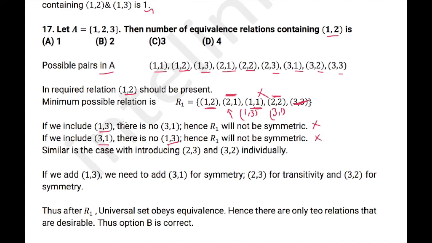Note that at any given point of time you can include only one pair. So first I am introducing (1, 3) and it fails the symmetric check, and hence I am taking (1, 3) back, and now I am introducing (3, 1) and it also fails the symmetric check. Similar is the case with (2, 3) and (3, 2) individually.